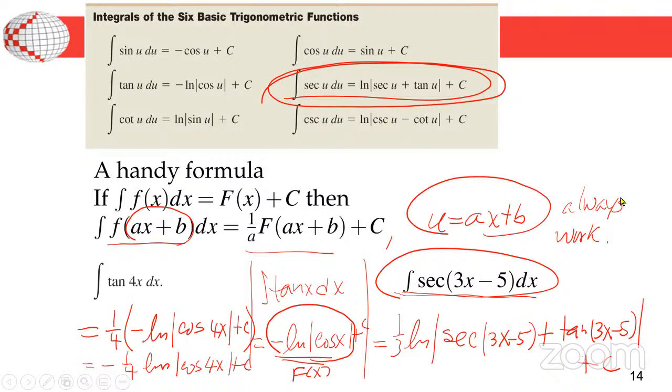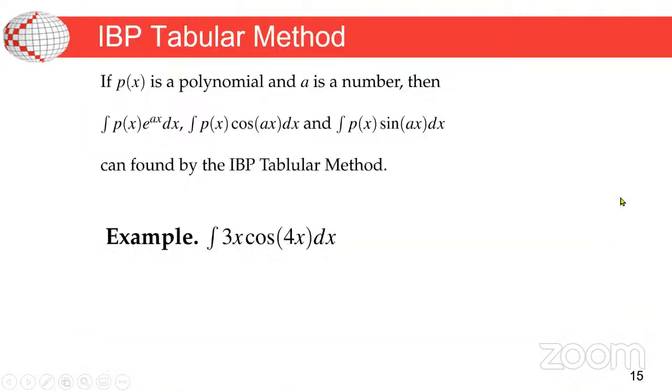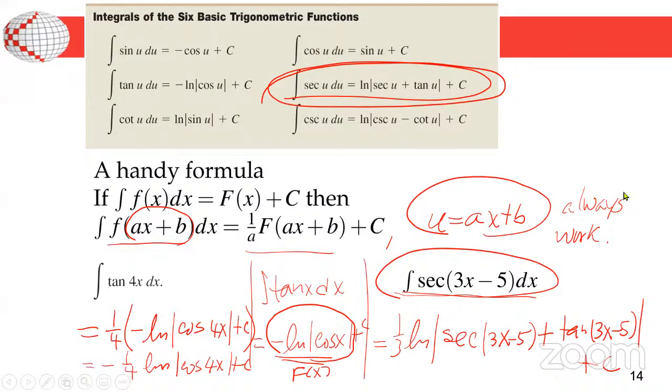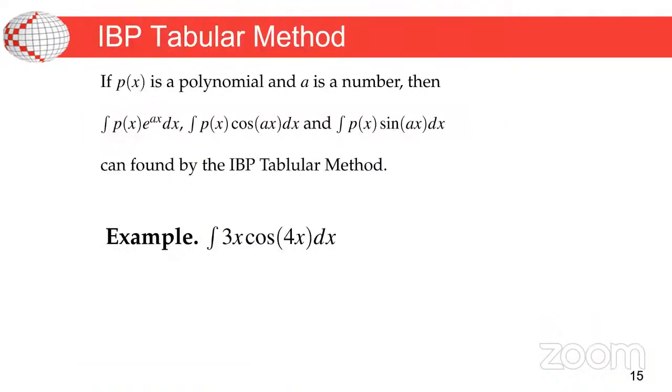Okay, so let's continue. Let's look at the last method here, which is the tabular method. I think we know that pretty well. It is so nice when you have an integral of the right form, and that happens here.